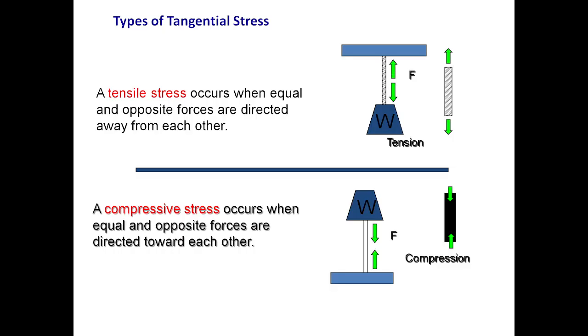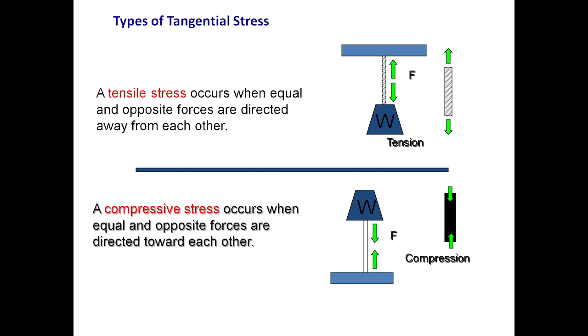Next you have to see the types of tangential stress. The tangential stress is further divided into two types. One is tensile stress and another one is compressive stress. Tensile stress occurs when equal and opposite forces are directed away from each other. That is known as tensile force.